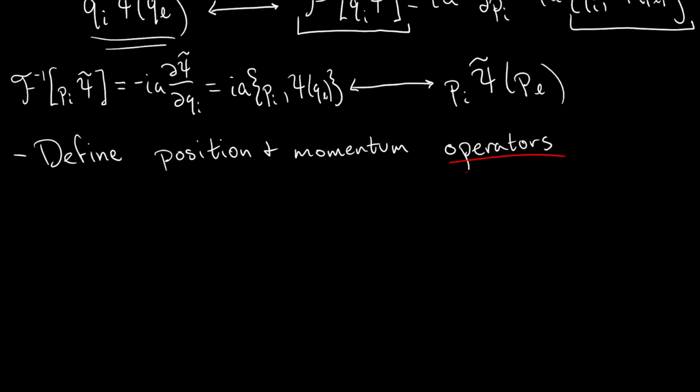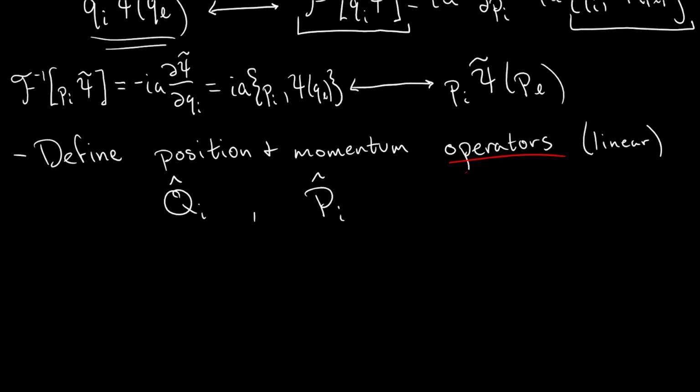And these operators are going to be linear, just by nature of either just a product or the fact that they're written as a derivative. We're going to represent them by Q hats and P hats.